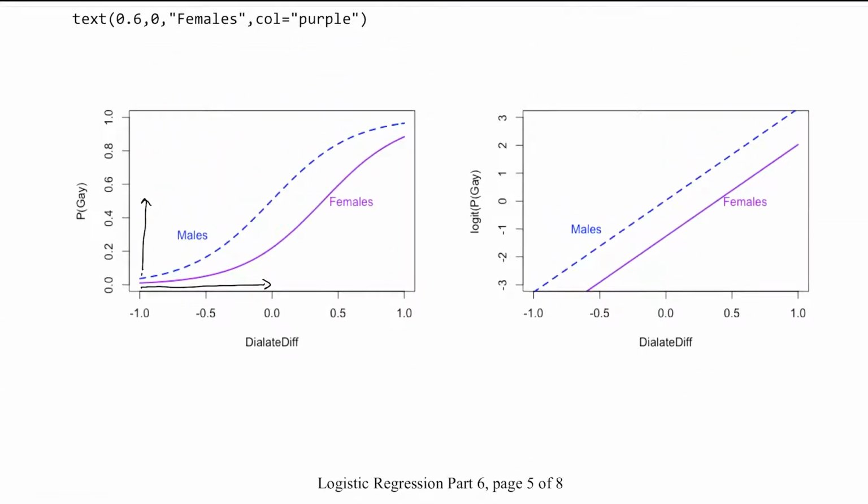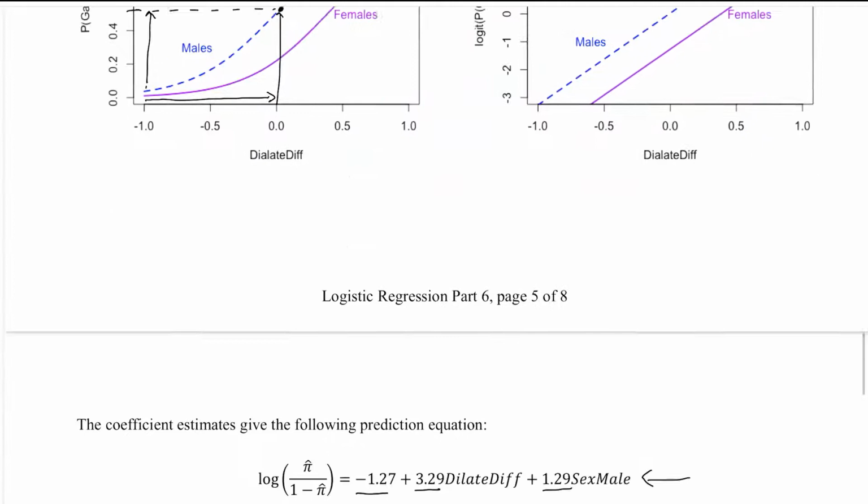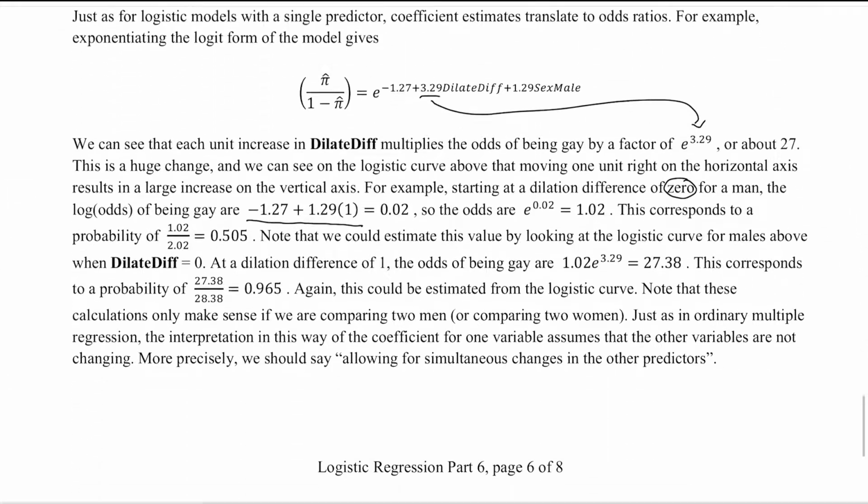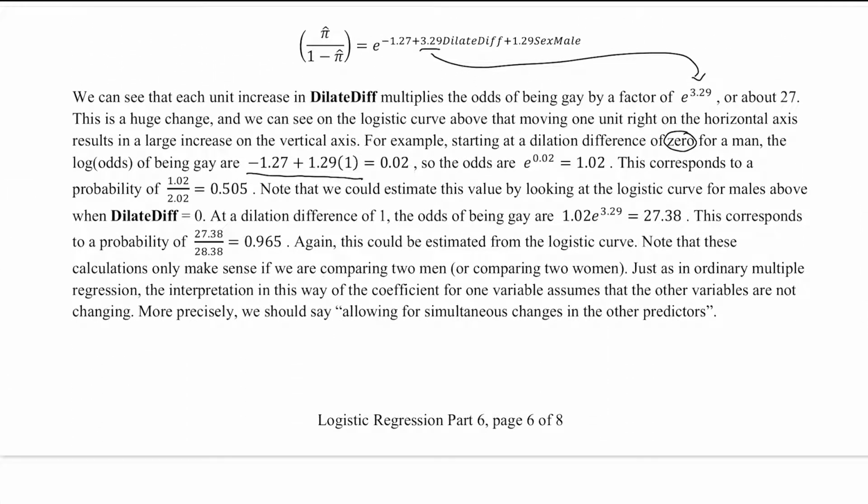And so we get a log odds value of 0.02, so the odds are e to the 0.02 or 1.02. And again, if we take odds over 1 plus odds, that gets us a probability of 0.505. And if we go back up to our logistic curve, at a dilate difference value of 0 and we go up to the curve, that's roughly a probability close to 0.5, so that makes sense.